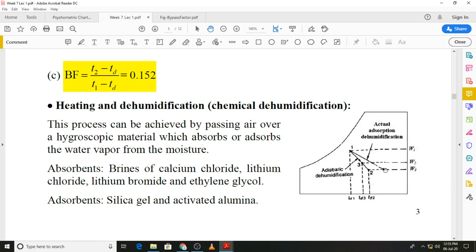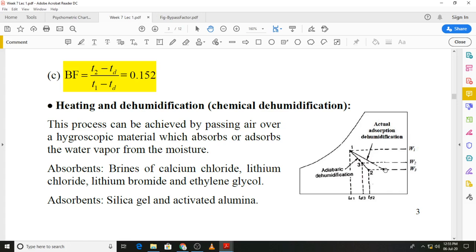So the utility of the chemical dehumidification process is that it is used in combination with the actual refrigeration of the air. It will reduce the latent load on the cooling coil. If you go back to the previous case of cooling and dehumidification, all the dehumidification is carried out by the cooling coil.